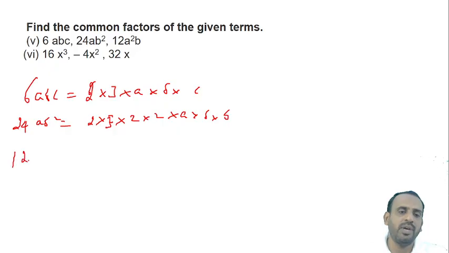Next we have 12 a square b, we can write it as 2 into 3, 6, 6 into 2, 12 into a into a, because we have a square into b.